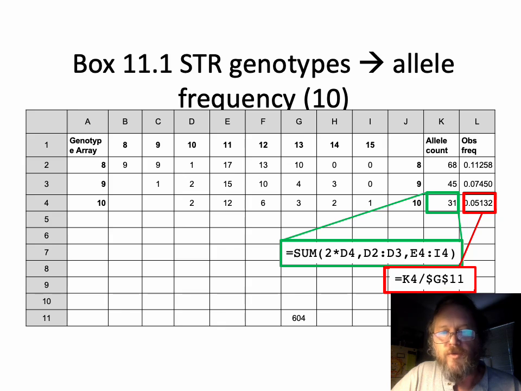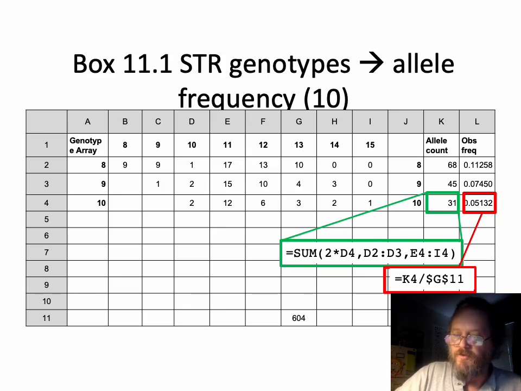So we add our formula, 2 times D4, that's the homozygous, and then D2 through D3, those 2 cells, and then finally the range E4 through I4, and 31 we get. Update the allele frequency, and so on for the rest of the alleles.